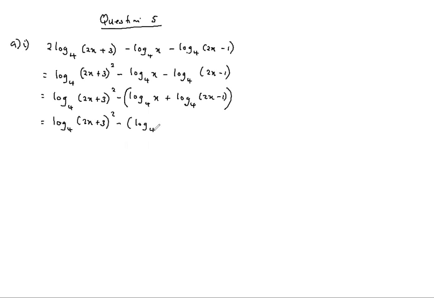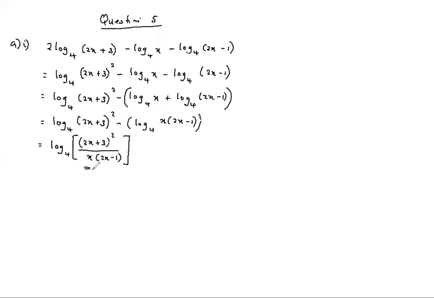When they are adding, you multiply the inside like that. And when they are subtracting, what do you do with the same base? You divide. So now you have this squared over x(2x minus 1). So you have expressed this as a single logarithm as required. It's a simple task question once you understand the logic there.